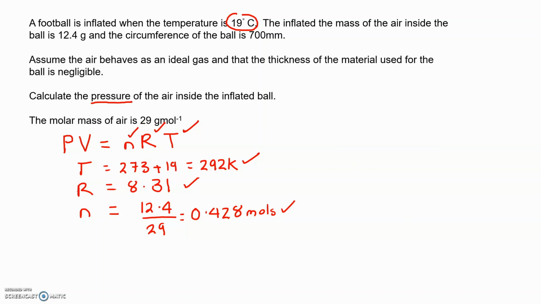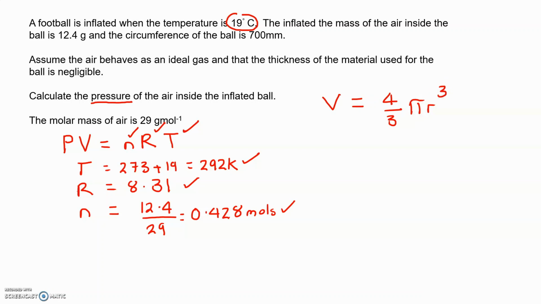So we just need to use the rest of the information to find the volume, and you have to go through a couple of stages to get to the volume here. If it's a football, first of all, it's going to be a sphere, and the volume of a sphere is 4/3 pi r cubed, where r is the radius of the ball.